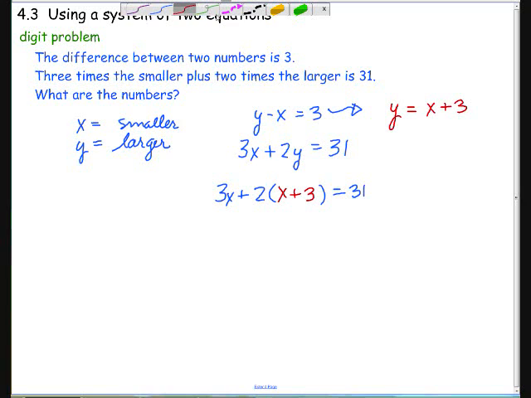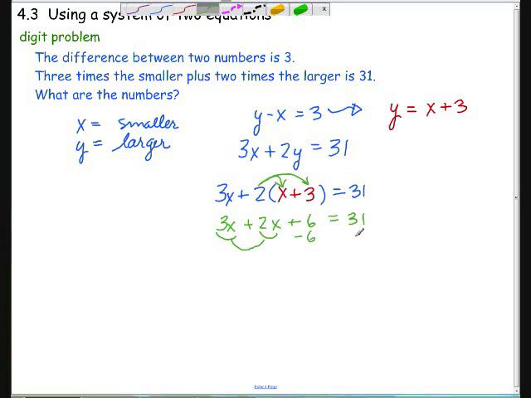Now I can solve this. Remember we always deal with the parentheses first. Order of operations is always an important concept. 3x plus 2x plus 6 equals 31. I have some like terms that I can combine.